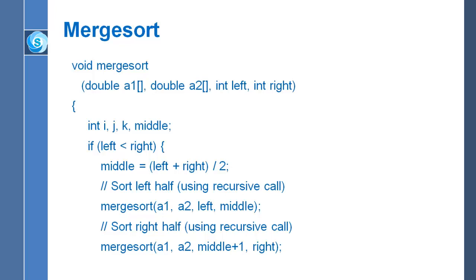And we call merge sort in order to recursively sort everything from position left to middle. Then the second half is everything from position middle plus 1 to position right. And we now make a second recursive call to sort everything from position middle plus 1 to position right.